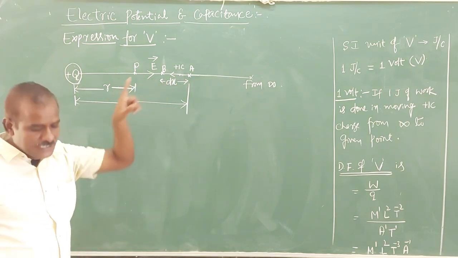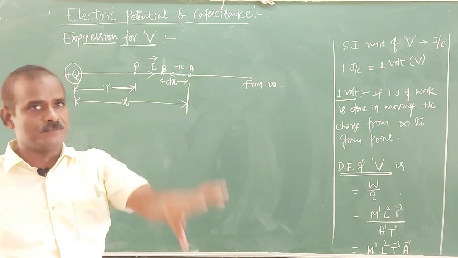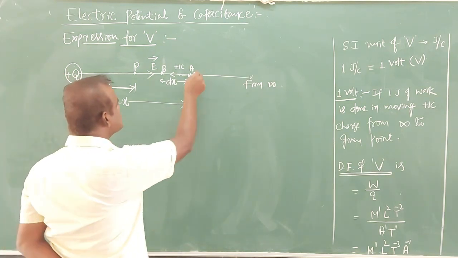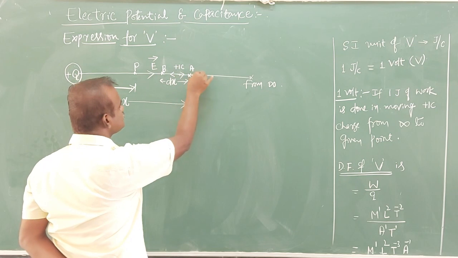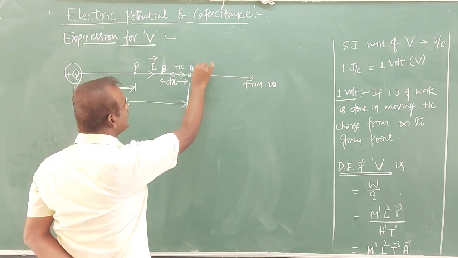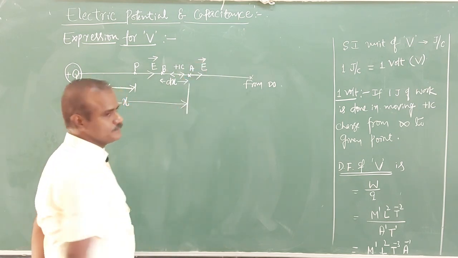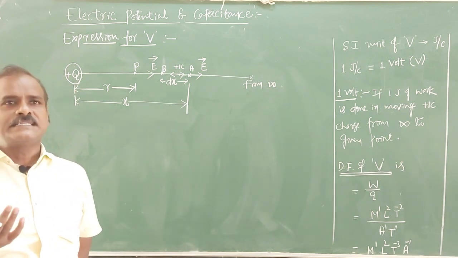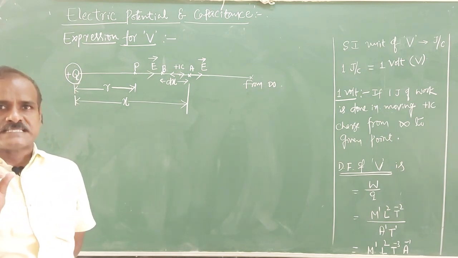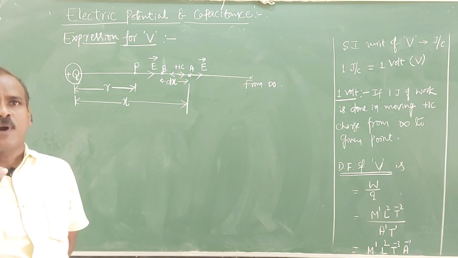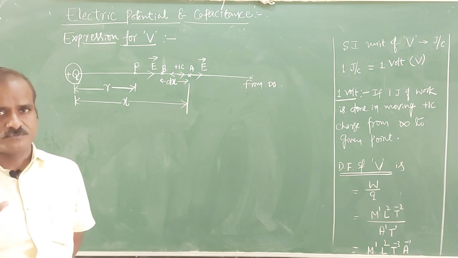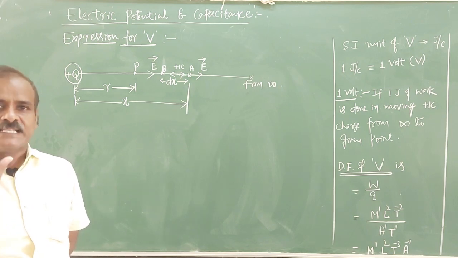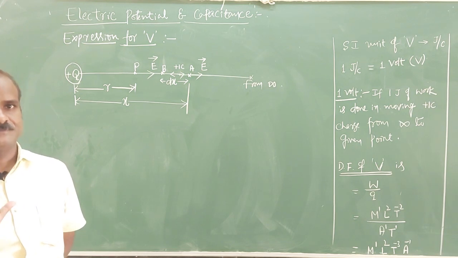Between A and B, the electric intensity will remain the same. Why? Because the two points are very, very close. That is why the field intensity remains the same.